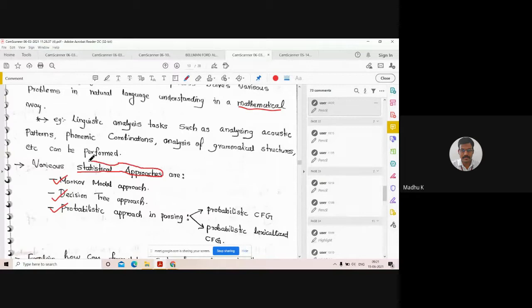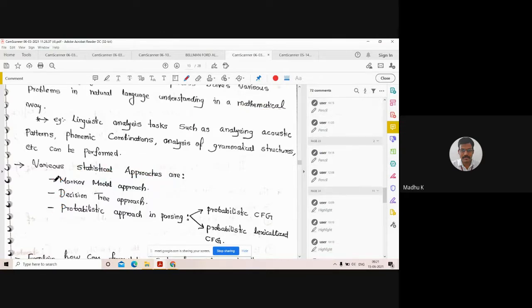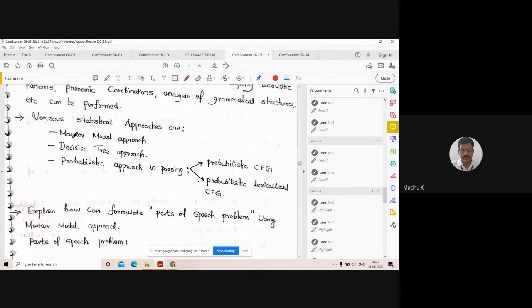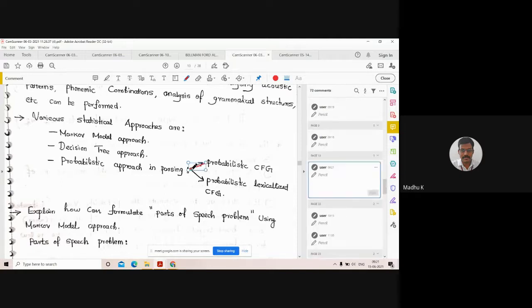If we view the problem as a random process, then we can apply mathematical analysis. Please note it. The probabilistic approach is again divided into probabilistic quantitative grammar, probabilistic lexical, and probabilistic CFG.